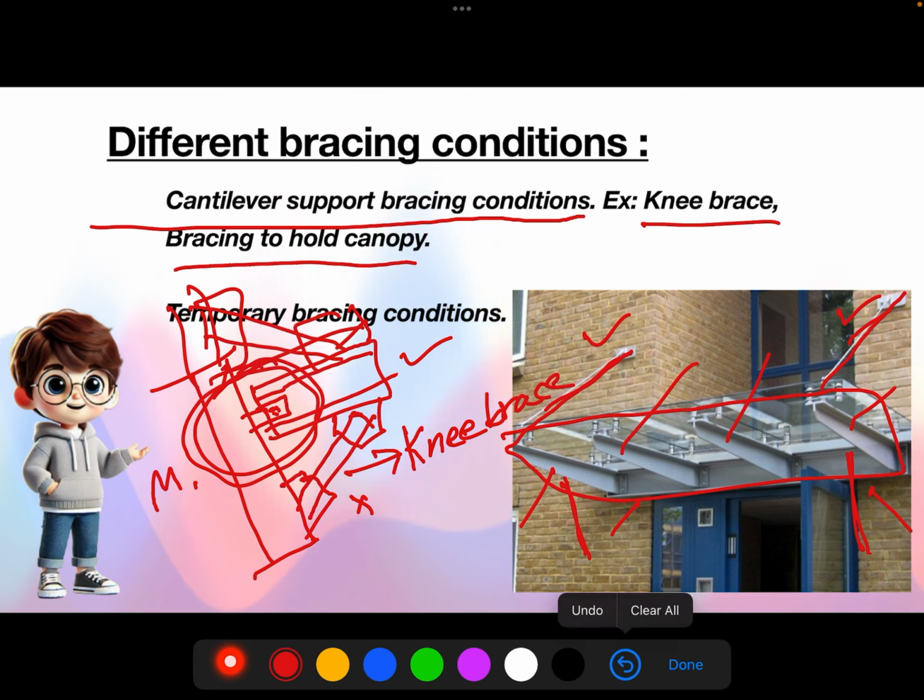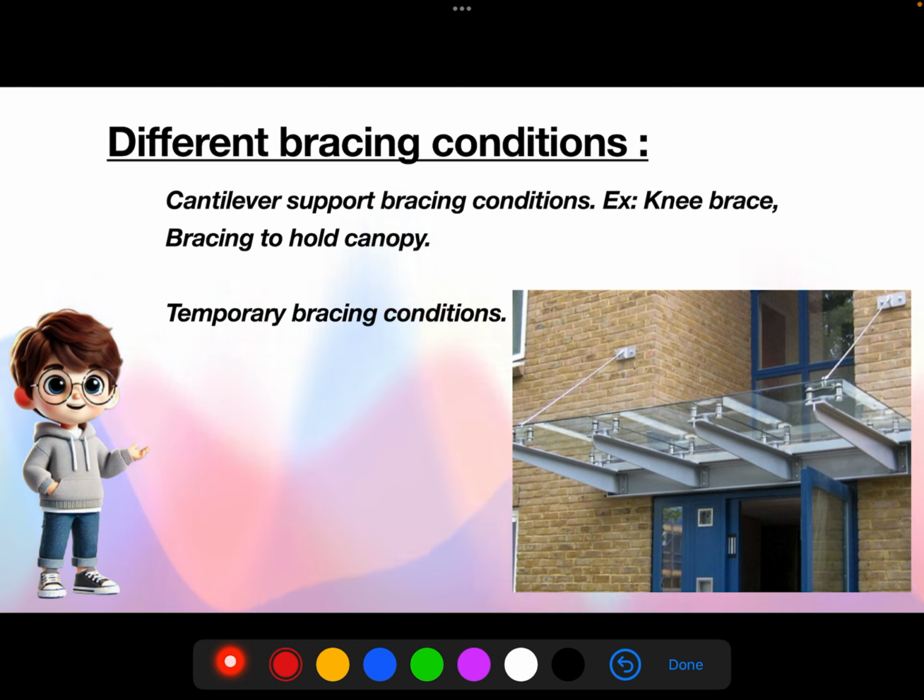And now, apart from all this, there are some conditions where we need to use temporary bracing. What is temporary bracing? Temporary bracing means they will erect the braces and leave them up to some stage of complete erection of the building. After that, they will remove those temporary bracings.